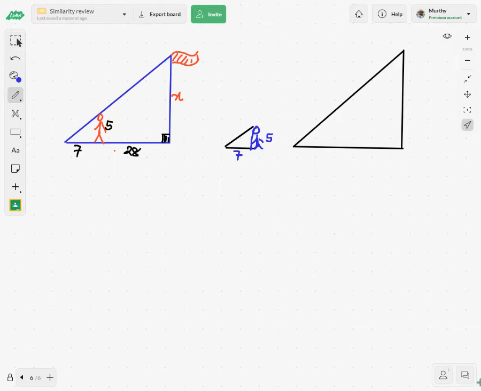At the same time, here a flag post is given. We don't know the height, and it is casting a shadow of 28 feet. You know, this leads to some confusion. Both the problems seem to be exactly the same, but they are not.